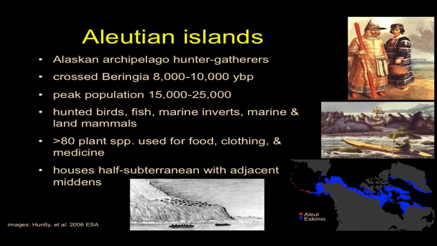And because it's very cold, right? Their typical dwelling structures were partially dug into the ground, so they could get some thermal benefit and some insulation, basically. So these are the Aleutian Islands.